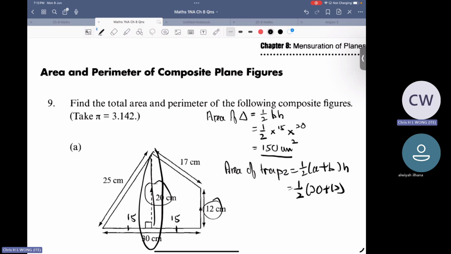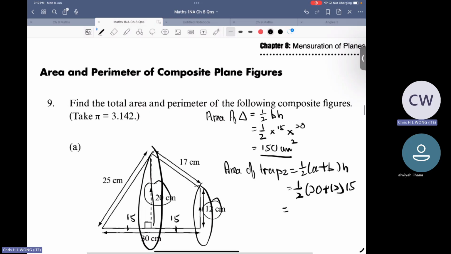Because you take this as the base, A plus B, so where's the height? 15. My mistake, height is 15. Equals to 20 plus 12 will be 32. Half 32 times 15. Somebody answer, please. 16 times 15. 240. 240 centimeter square. Underline, okay.